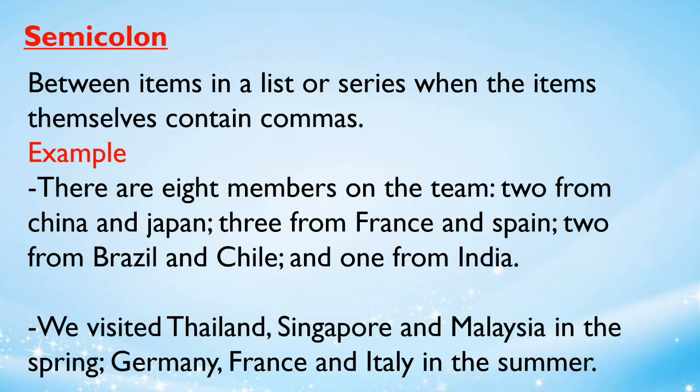Semicolon. We use semicolons between items in a list or series when the items themselves contain commas. Let's look at the example for semicolon. There are 8 members on the team: 2 from China and Japan; 3 from France and Spain; 2 from Brazil and Chile; and 1 from India.